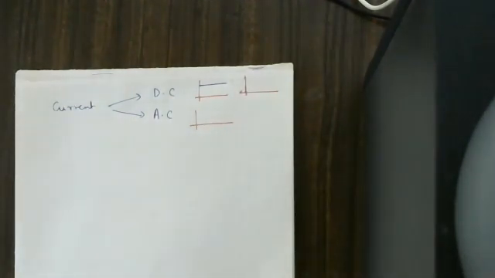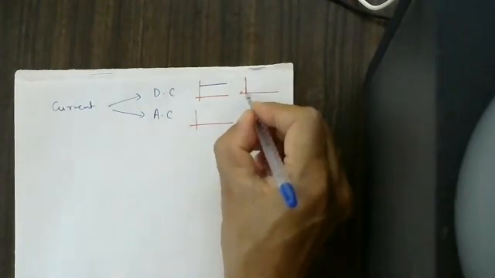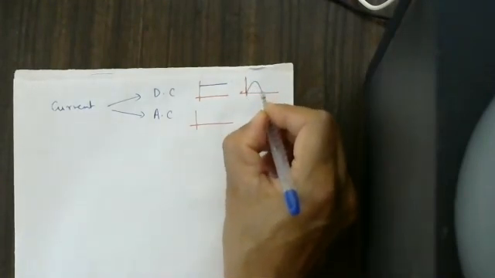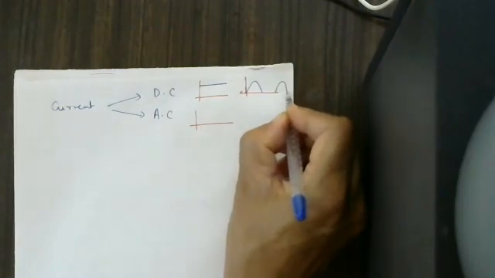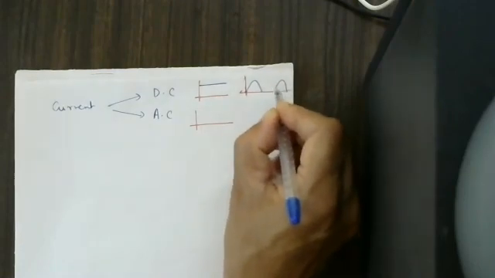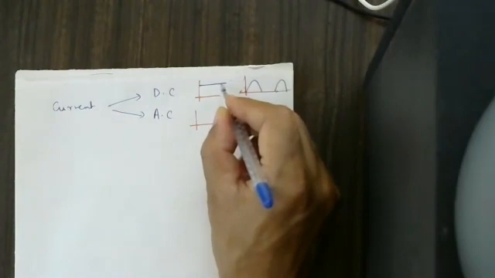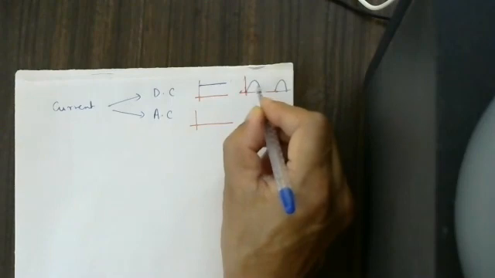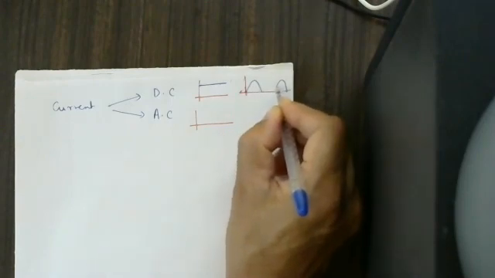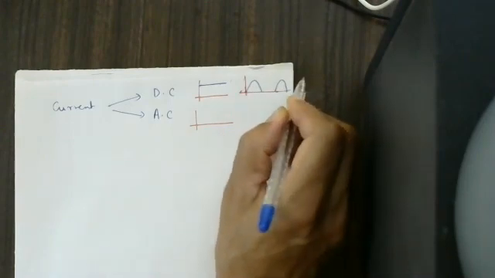Voltage is increasing, decreasing, and again increasing, decreasing, like this. This is variable voltage, while the other is steady constant voltage. Here the voltage increases, decreases to 0, and again increases and decreases.